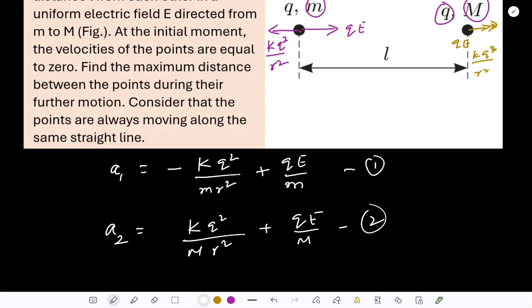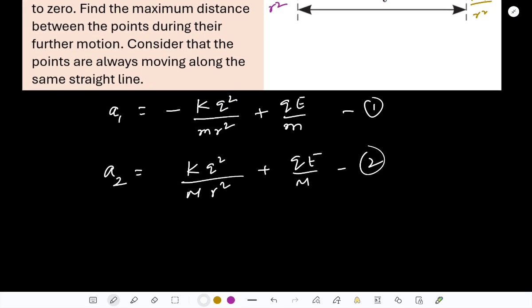Let us now find the relative acceleration of the points, because it is going to provide a new angle to think on this problem. I have worked with problems like this, so I have experience.